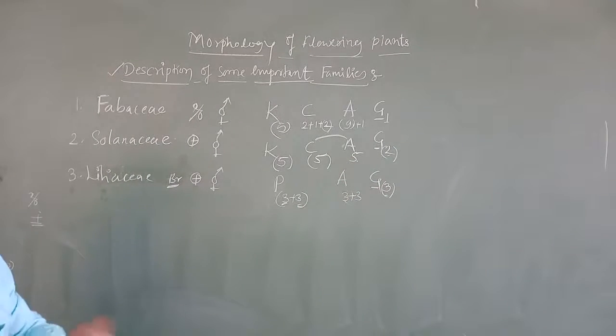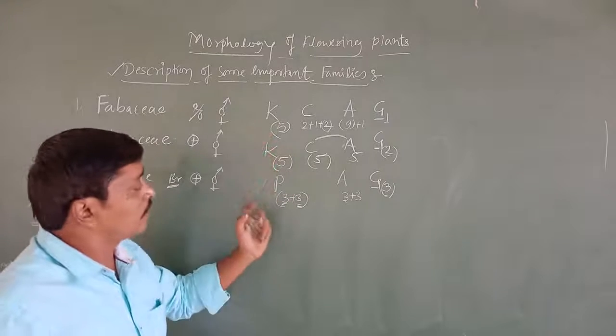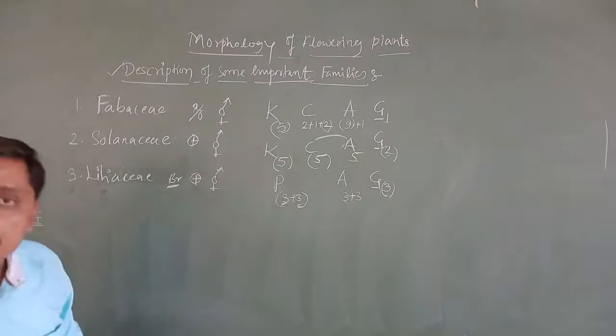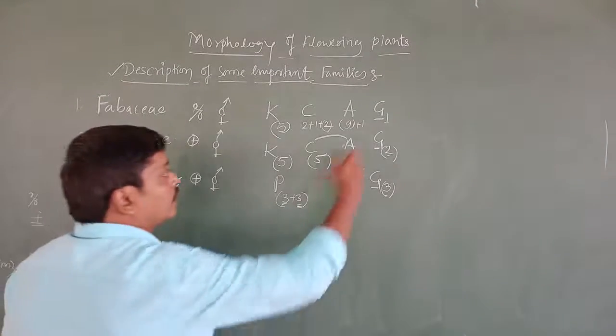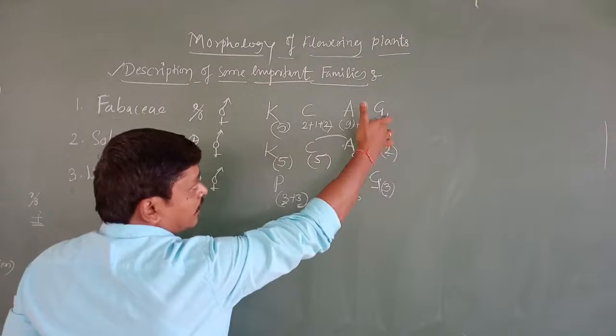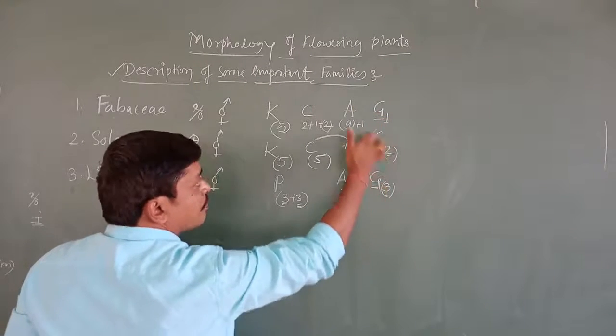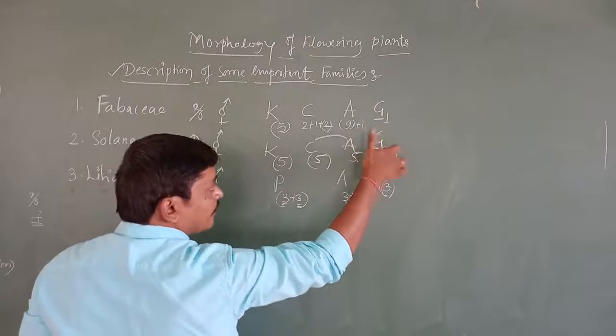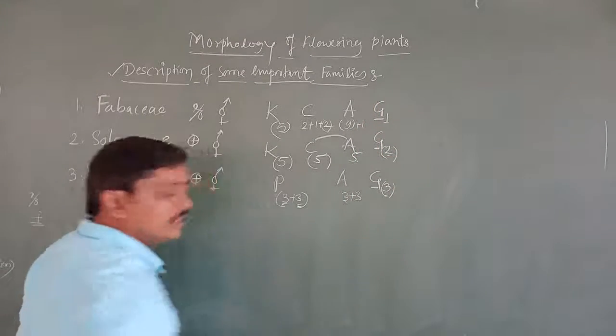Apart from that, accessory ones are calyx and corolla, and here there is no distinct calyx and corolla, that's why I wrote the P. Next, 1, 2, 3 in the sense all are superior, then carpels are united, so you write a bracket for 2 and 3.